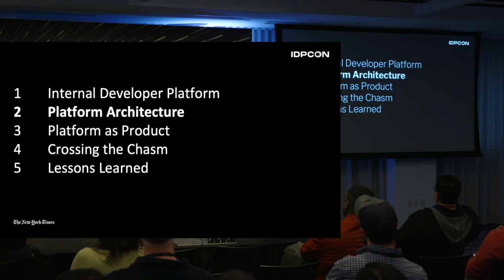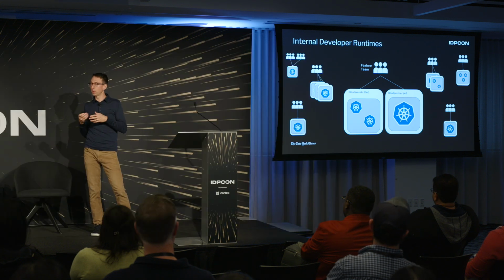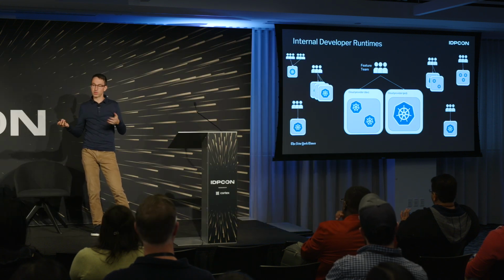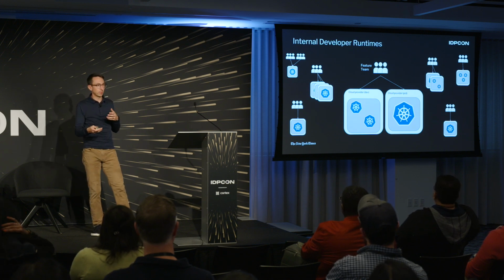So let me talk a little bit about the platform architecture and how we're trying to accomplish that. The first thing is really looking at the runtime. Oftentimes, and I think in my past, runtimes looked like this, where you have feature teams and maybe DevOps engineers embedded, running some type of containerized runtime.